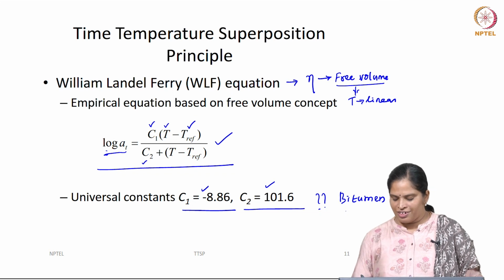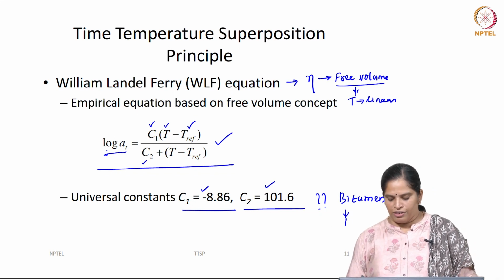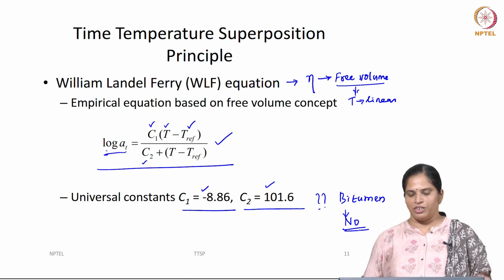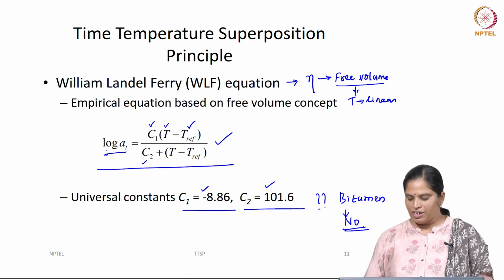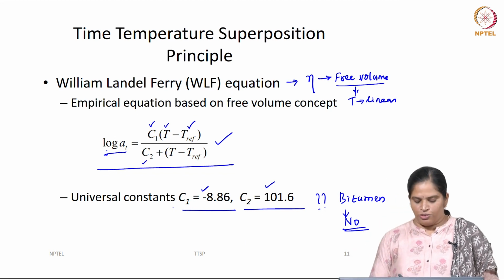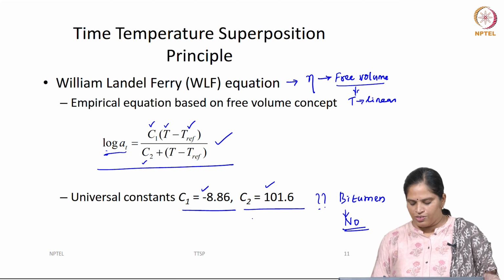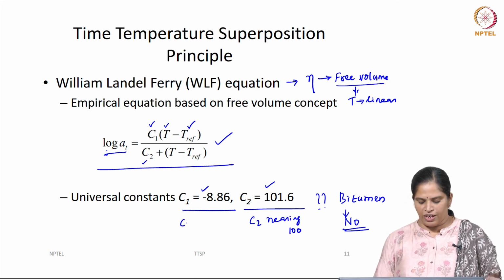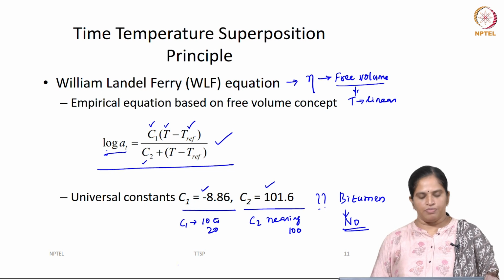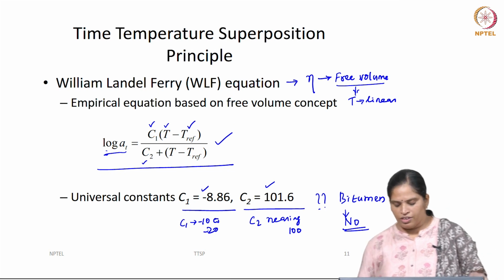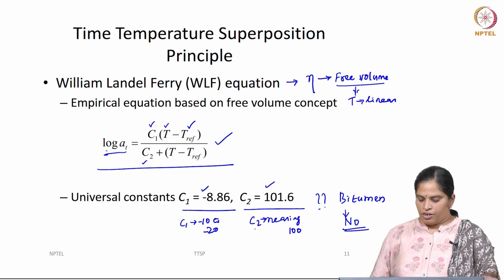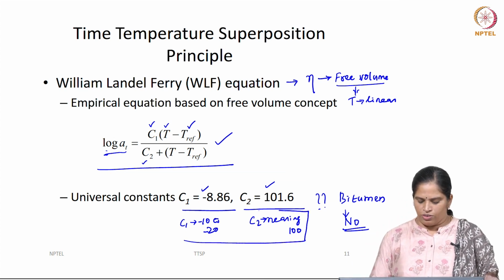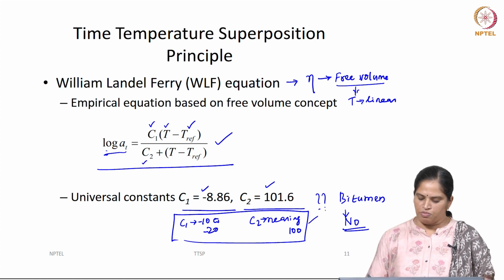The answer is, many literature have proved it to be no. For predicting the response of bitumen or applying time temperature superposition for bitumen, we cannot use these universal constants. The C2 value will be somewhere nearing 100, and the C1 value will be somewhere around minus 10 to minus 20, but not exactly the same value. So, we have different values of C1 and C2 for bitumen and bituminous mixtures.